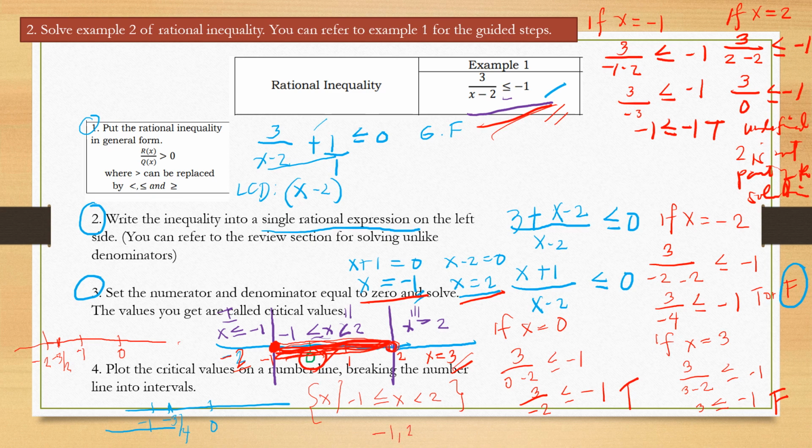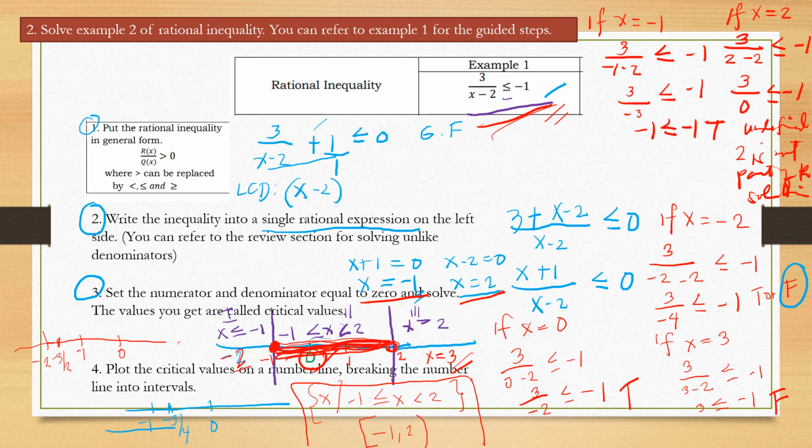Ang ilalagay mo sa tabi ng 2, since hindi kasama si 2 sa solution is just a parenthesis, ang ilalagay mo sa tabi ng negative 1 dahil si negative 1 ay kasama sa solution ay bracket. This is the answer. Either of the two is acceptable.